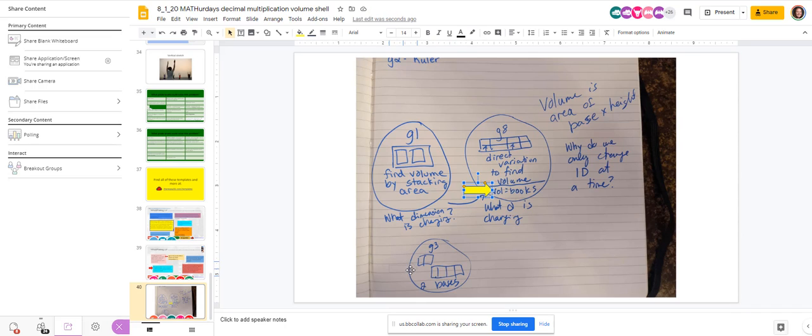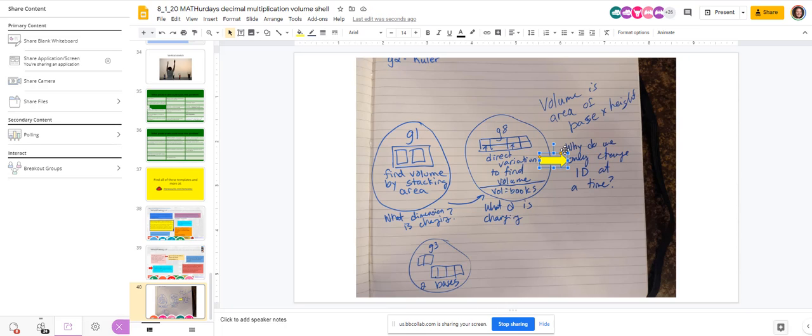And then in group 3, I was really looking at how do we change one dimension again, but they had the full stack. So they already had the idea of length, width, and height, but they're changing how many books in a row, whether that's 20 books or 40 books. And so I wanted to bring that one up. And this was my big question: why do we only change one dimension at a time?